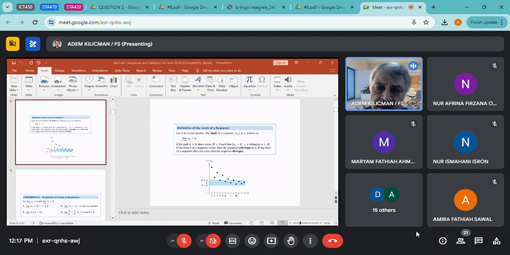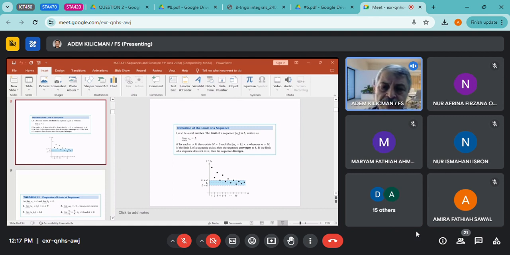So this sequence oscillates between negative 1 and 1, and does not get close to one unique number. It changes from 1 to negative 1, 1 to negative 1. So therefore this one is not convergent.